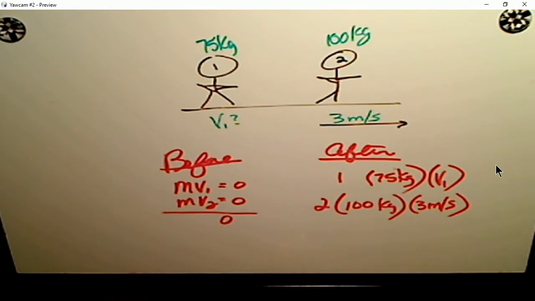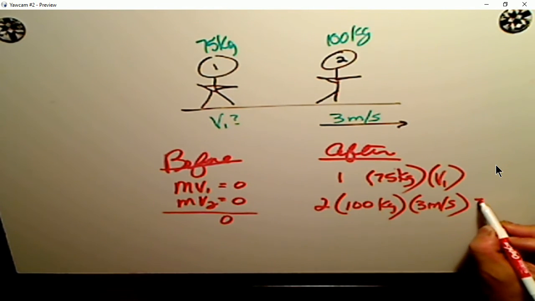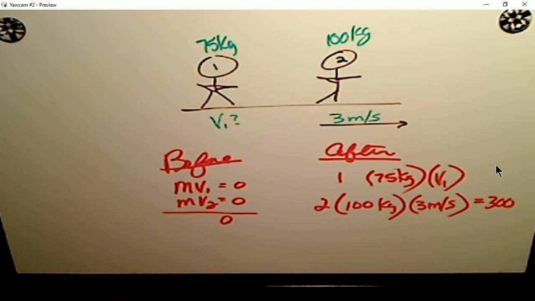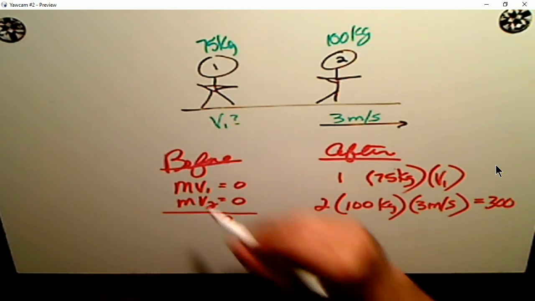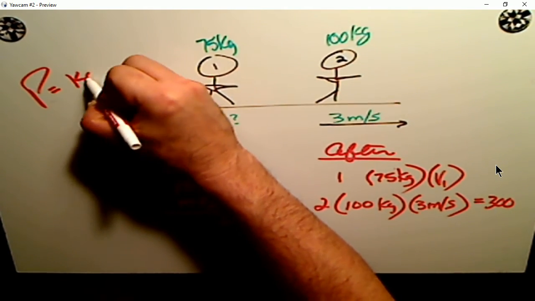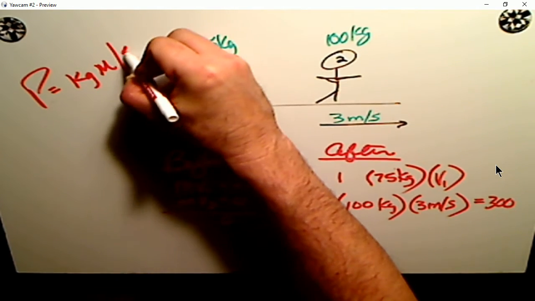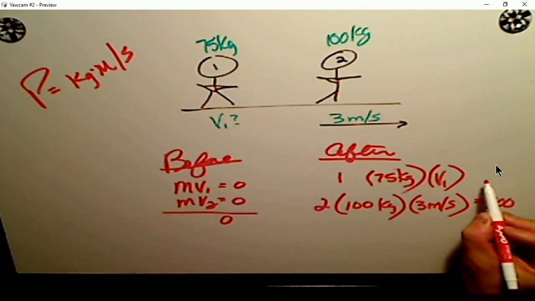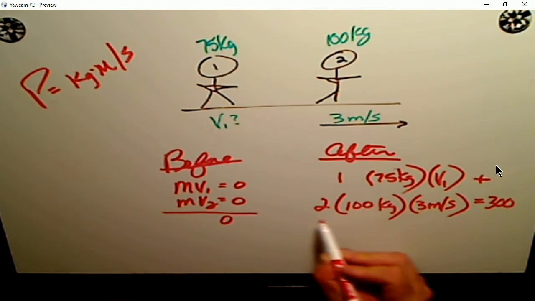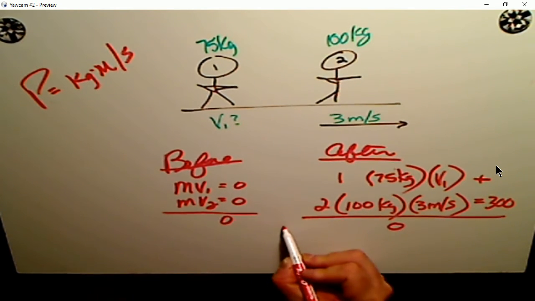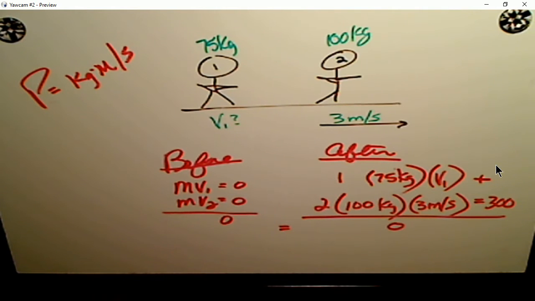So we know the momentum of number two, 300. Momentum's units are kilogram meters per second. So this plus this, 1 plus 2, better equal what? 0. Momentum before must equal the momentum after.